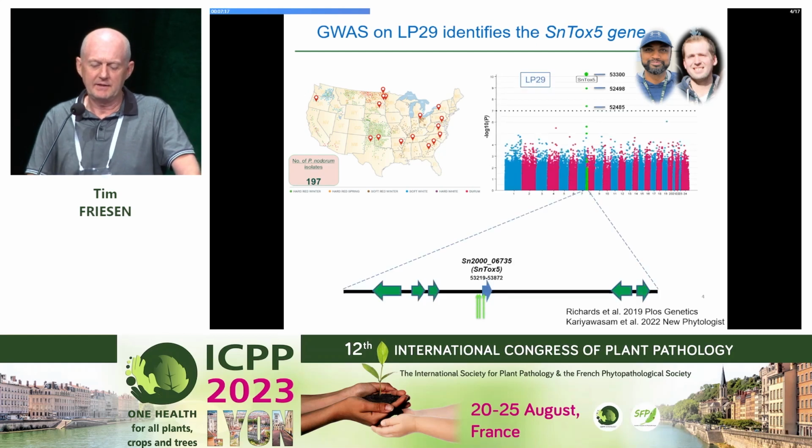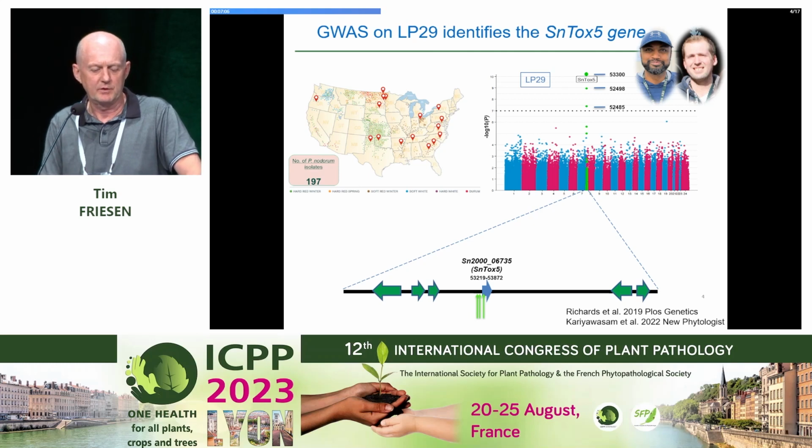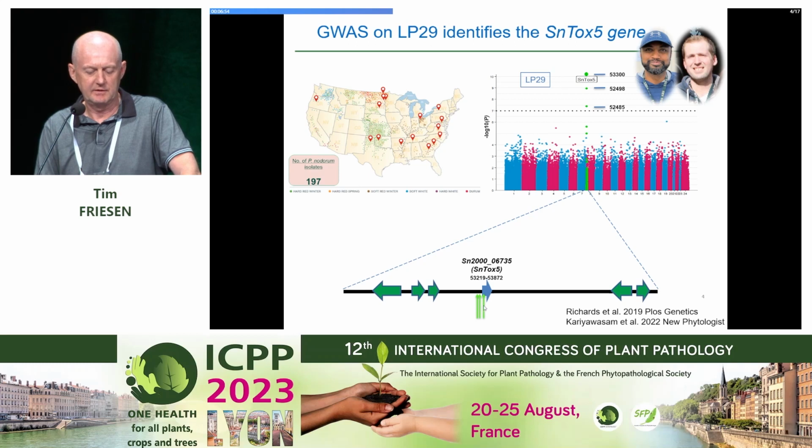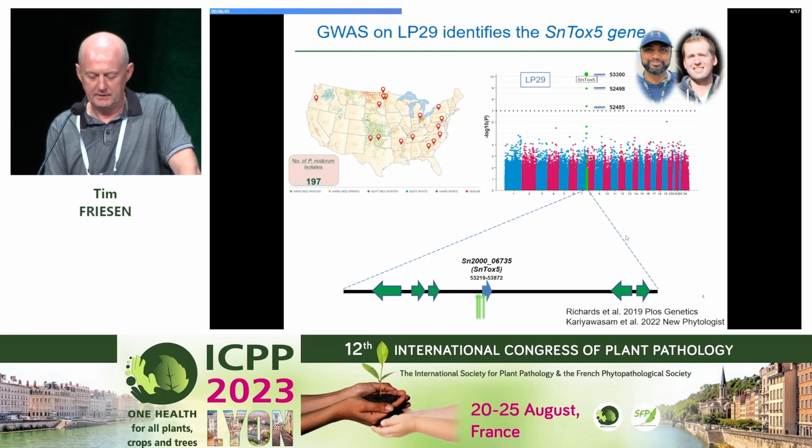We then inoculated these 197 isolates on the line LP29, the differential line that only contains SNN5. We identified a strong marker trait association, indicated by the three green spots. And you can see down here the three markers either land in the gene or just adjacent to the gene, which shows the power of GWAS in fungi.